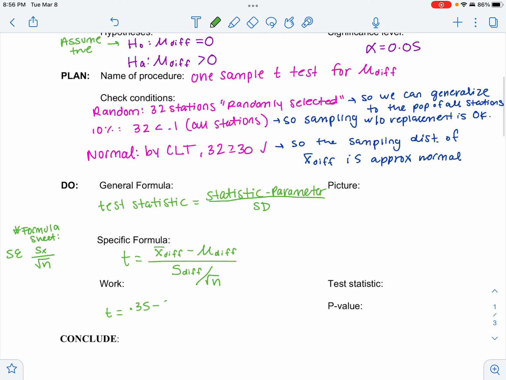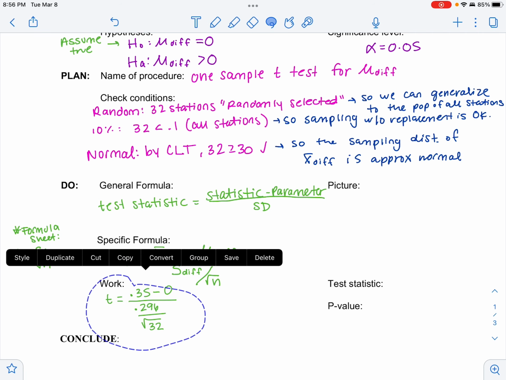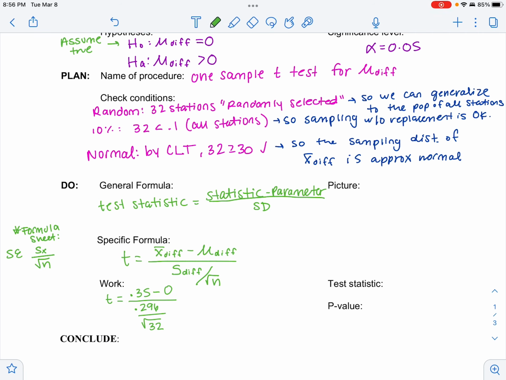So minus 0 over standard deviation, again, was told to us in the problem, so 0.296 divided by the square root of n. Our n value here is 32. All right. Plugging this into my calculator, I got a t-score of 6.69.